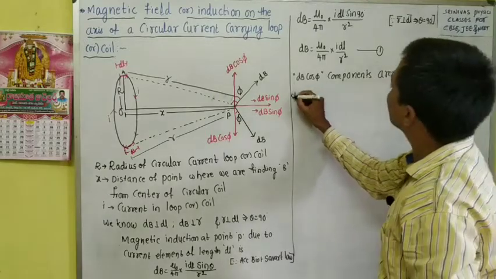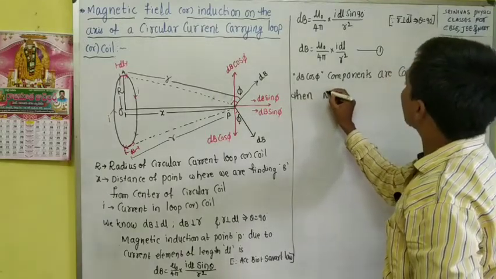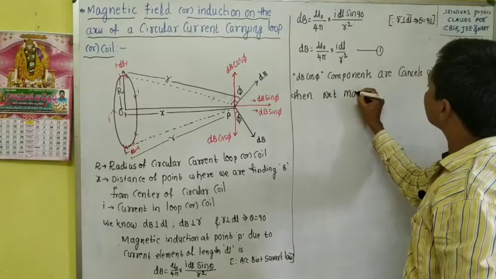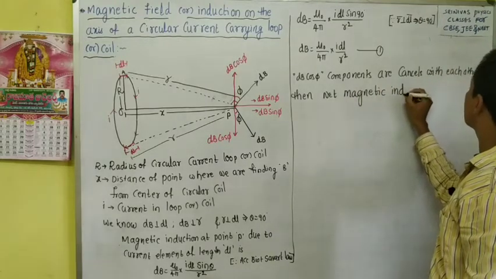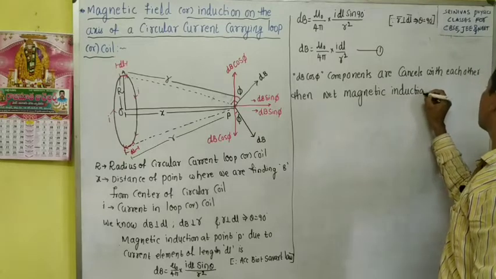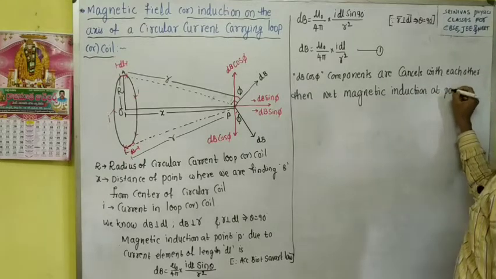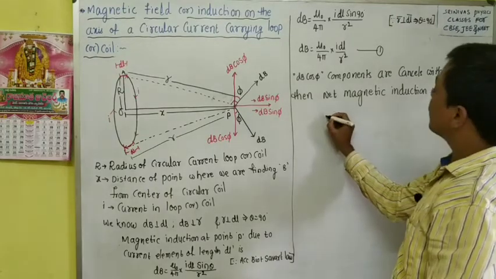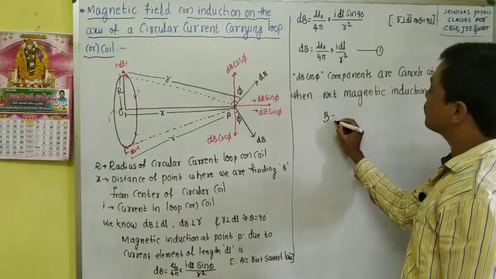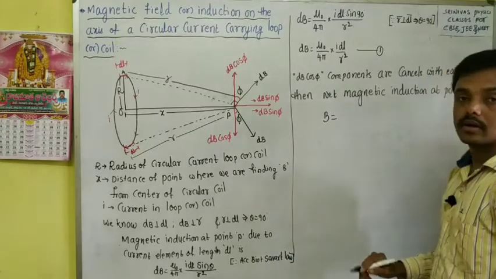Then the net magnetic induction at point P, what will you get? The net magnetic induction is B.